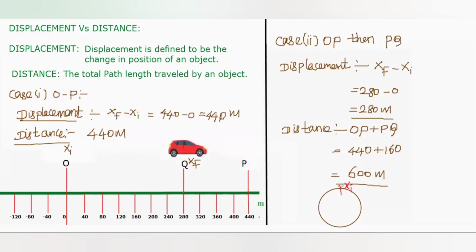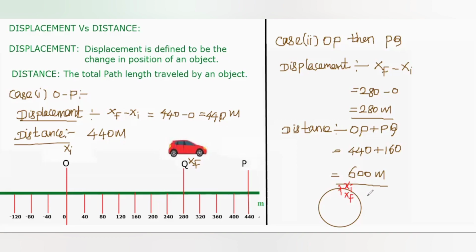From this position, an object or particle is going to move in a circular path. Then finally, it reaches here. Here xi and xf both are the same.